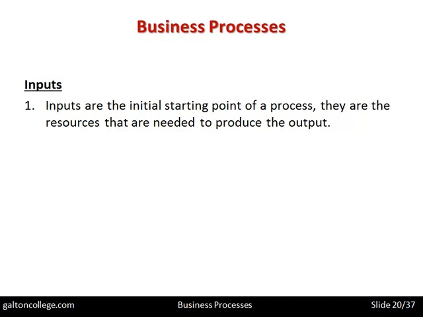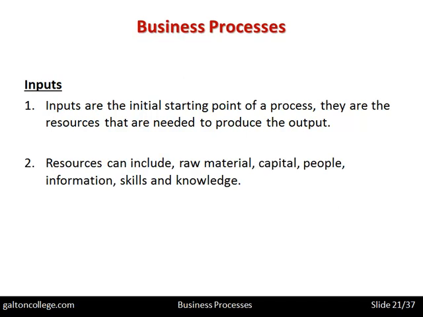So inputs are the starting point. This is where we start our voyage of discovery in terms of business processes. This is the starting point. This is what is converted into the output. Resources can include raw materials, capital, people, information, skills, knowledge. So resources can be very wide indeed.